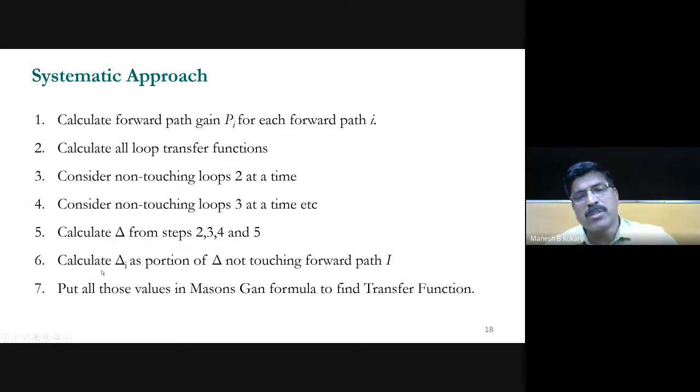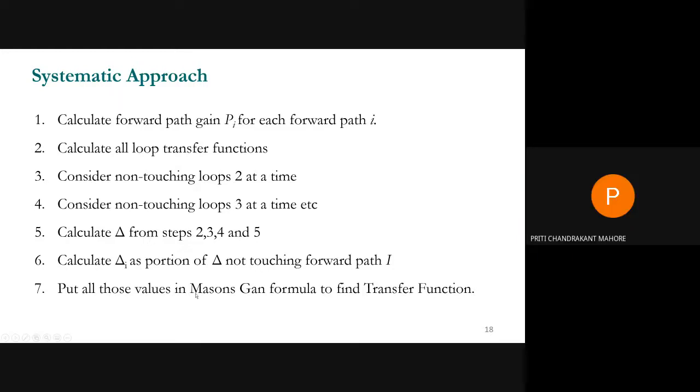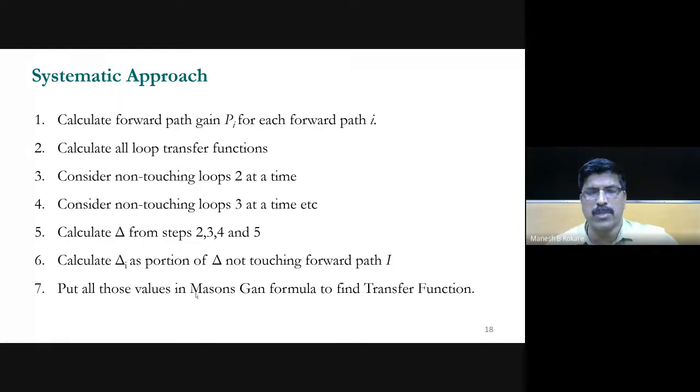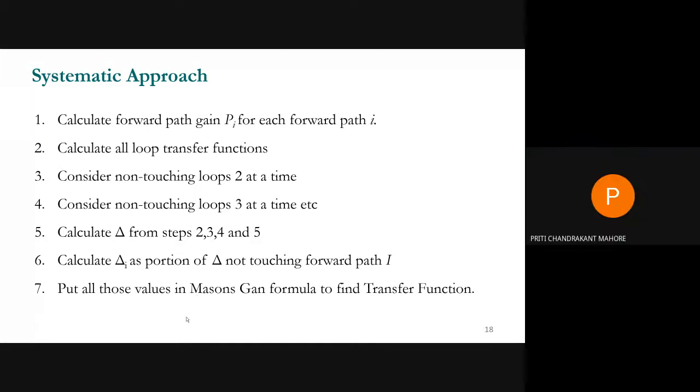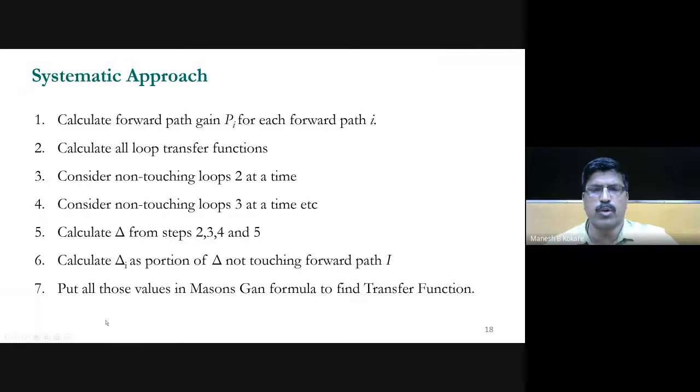And then once you have calculated delta i, delta, and pi, you just have to put all those things in Mason's gain formula. Okay, it's a gain, right?